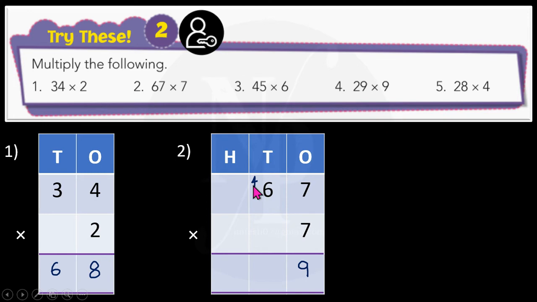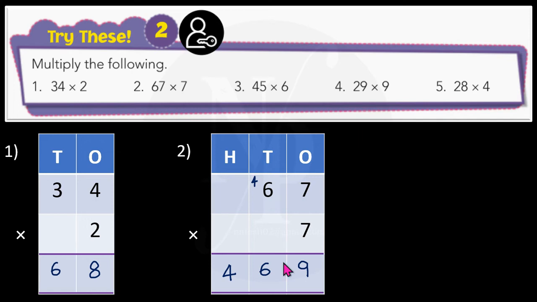So on adding 4 to 42 we get 46. So 46 tens are regrouped as 4 hundreds and 6 tens. So I write 4 in hundreds column and 6 in tens column. The product we get is 469.